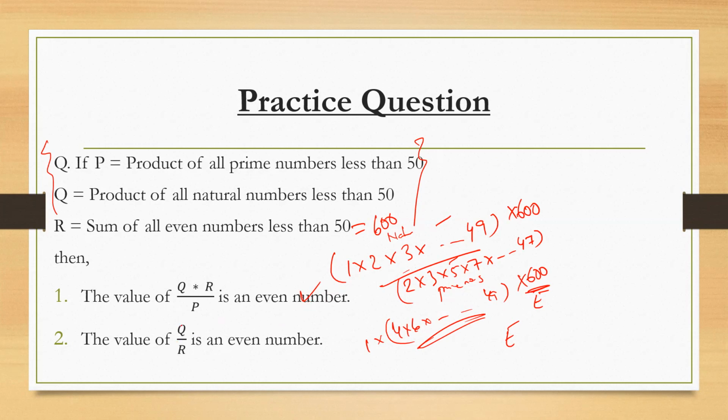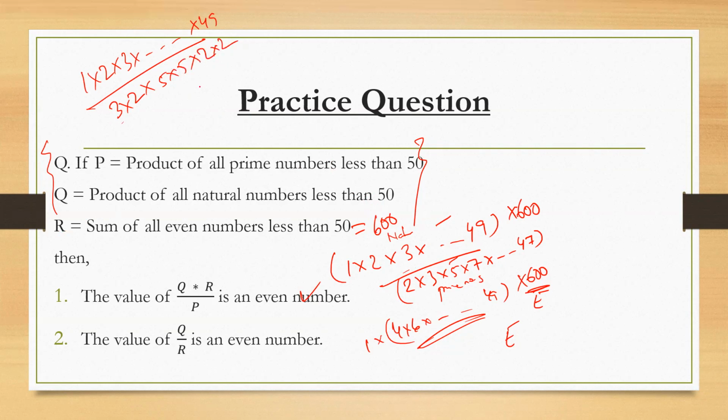The same way, what about Q by R? Q is the product of natural numbers till 49, divided by R, which is 600. If you break it into common factors, 6 is 3 into 2, 100 is 5 into 5 into 2 into 2.